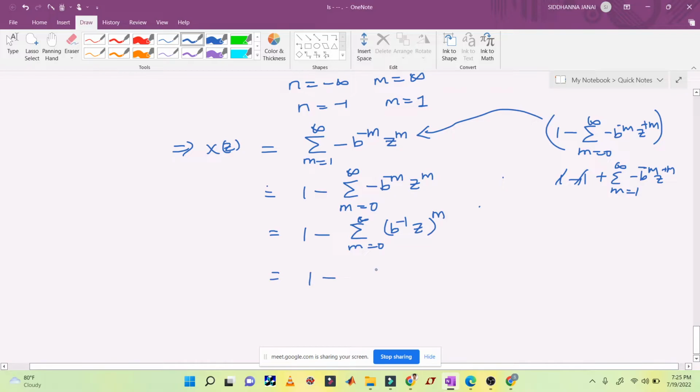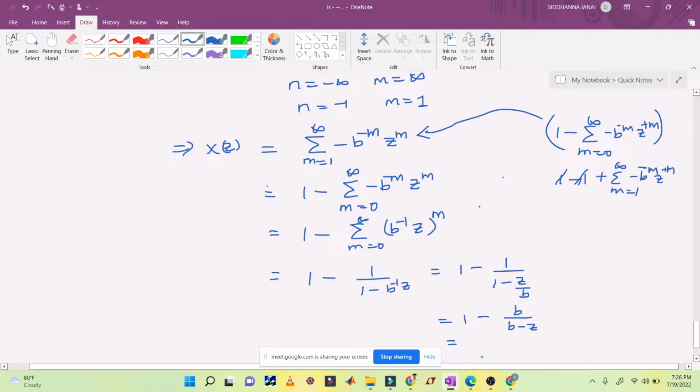Now 1 minus 1 divided by 1 minus b inverse z. This is what we get. So this is nothing but 1 minus 1 divided by 1 minus z by b. Okay. Now let me cross multiply this. 1 minus b divided by b minus z.